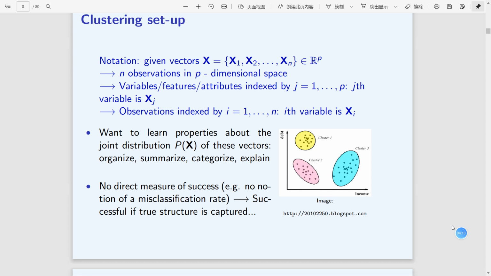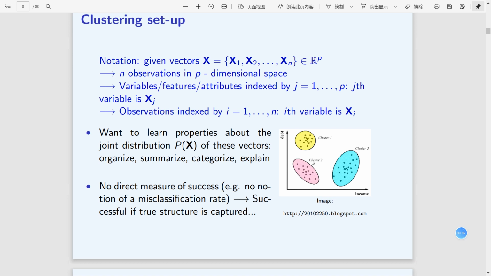Let's say we have already clustered 3 clusters here. For example, if a new sample comes in here, where my mouse is, we will automatically know it belongs to cluster 1 rather than cluster 2 and 3. The reason is it is more similar to cluster 1, given the two values, income and debt.